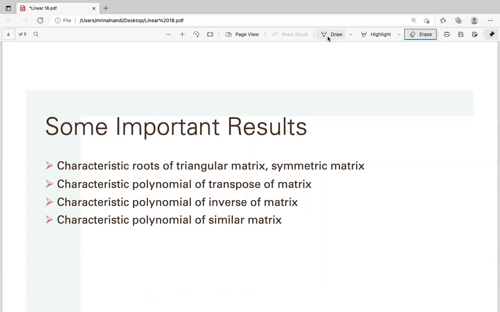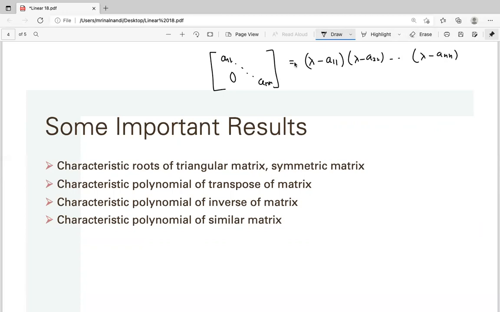Now some important results. Characteristic roots of a triangular matrix. What will be the characteristic root of a triangular matrix? It is clear that if it is an upper triangular matrix, the characteristic polynomial will be the determinant of lambda minus a1, and so on, for all the diagonal elements.